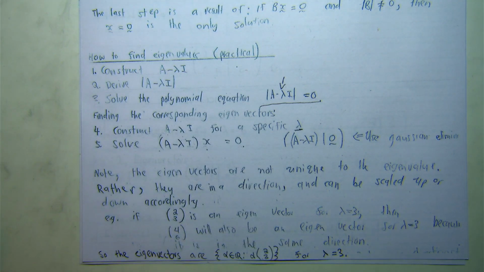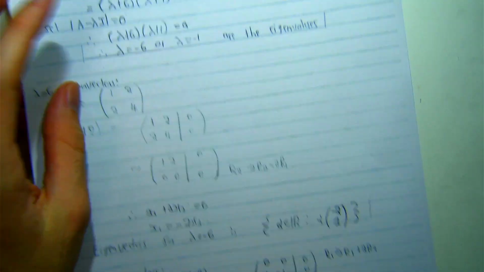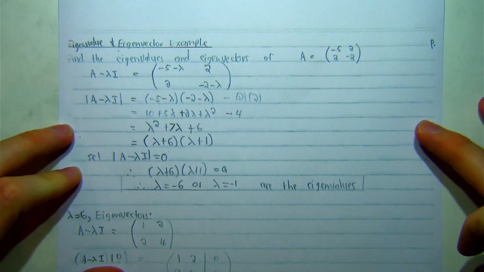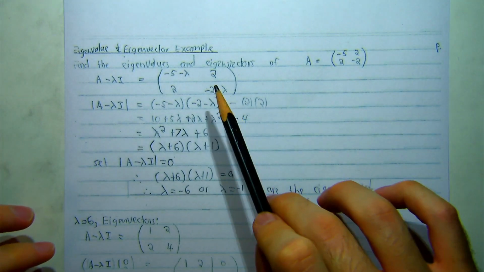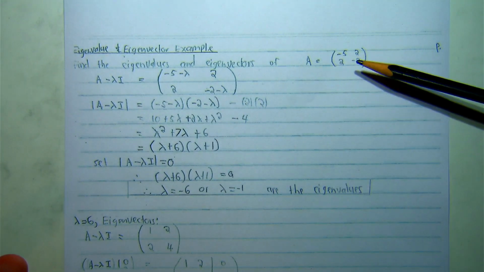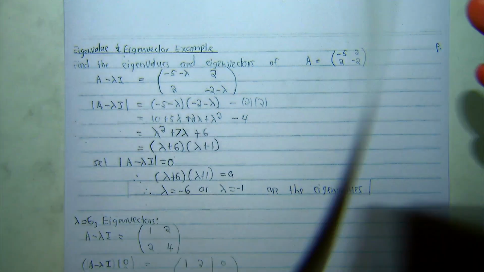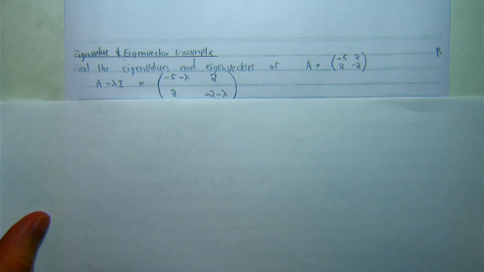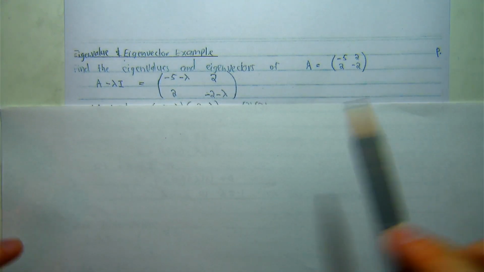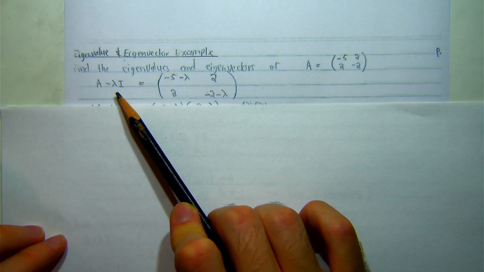All right, let's take a look at an example now. Okay, so for our example, find the eigenvalues and eigenvectors of A equal to [-5, 2; 2, -2]. So we're going to follow that same approach as before, where we construct our A minus lambda I matrix.